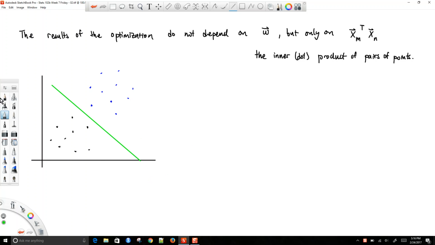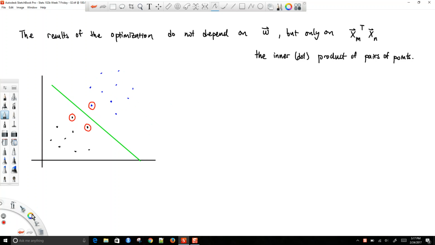And it's really only this point. The boundary is determined entirely by these 3 points. Looking across all the pairs of points, these pairs will have weights in our solution, and everything else will be weighted to be 0.